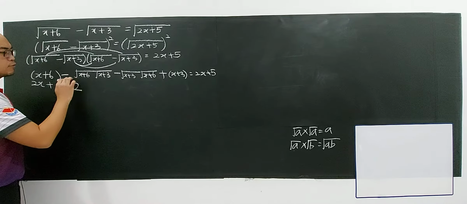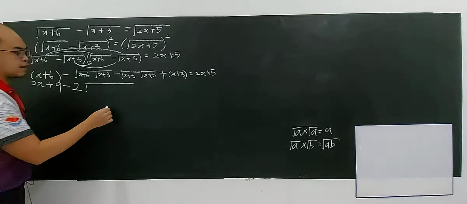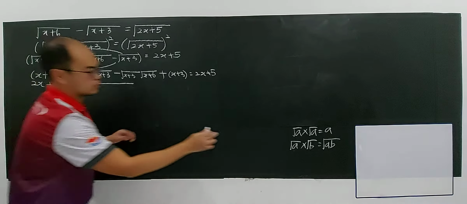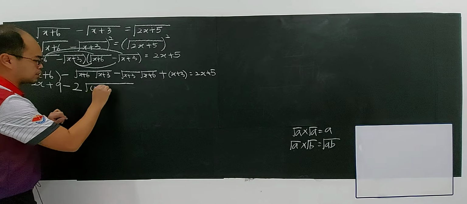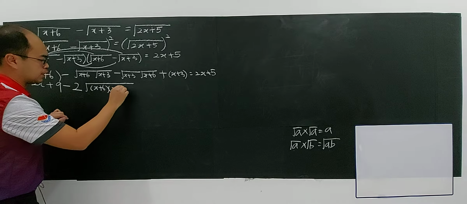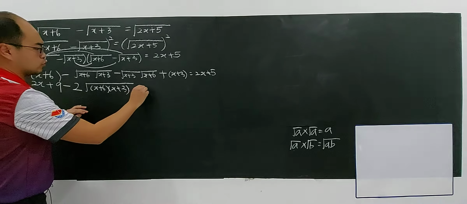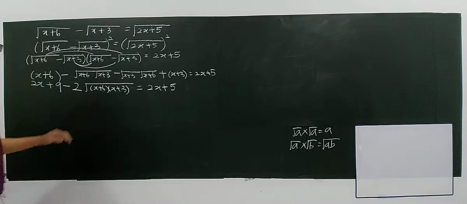So it becomes negative 2 times the square root. I combine because the square root of a and the square root of b are different, so I multiply and combine them as x plus 6, x plus 3. Negative 2 of this, equals the right hand side, 2x plus 5.